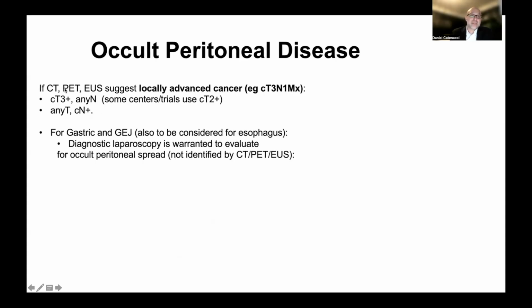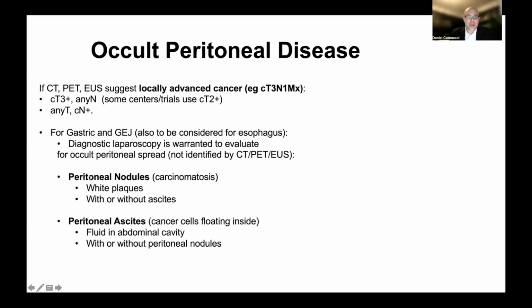In this situation, it is recommended for gastric and GE junction cancers, but even for distal esophageal adenocarcinomas, that a diagnostic laparoscopy be performed to evaluate for the presence of occult peritoneal spread, silent, under the radar, not visualized on the first pass of staging analyses.